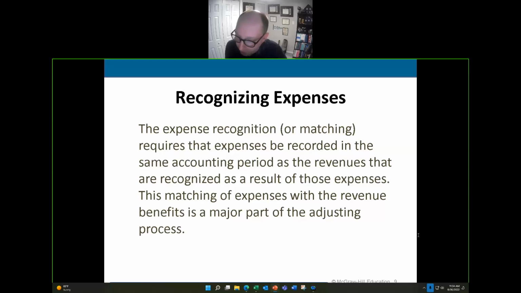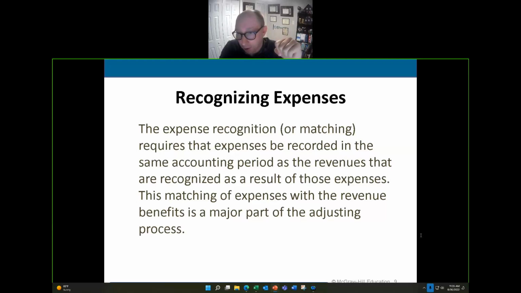So close, but no, it's July. And here's why. Remember, I used the electric in July. I received the bill in August because they're behind. They're like 2 weeks behind, yes? I consumed the electric in July.